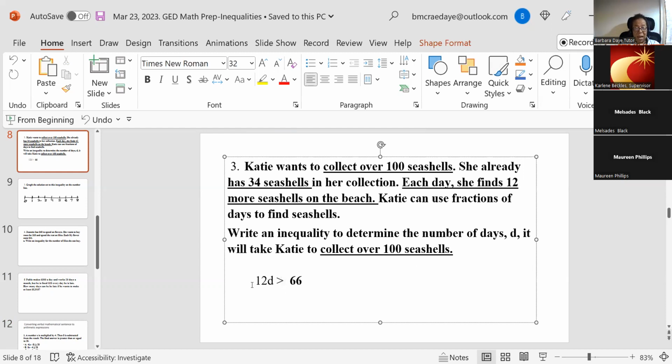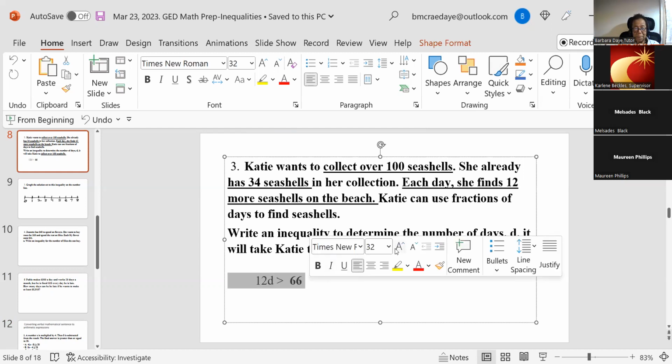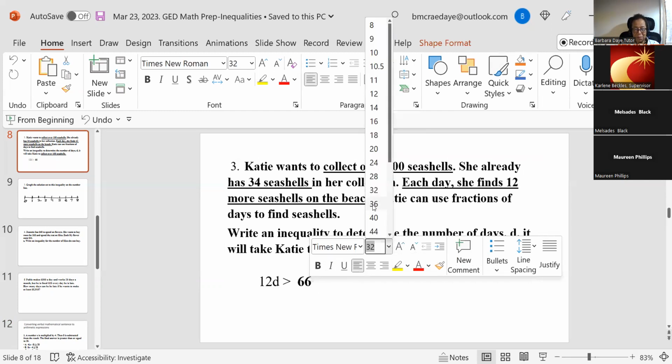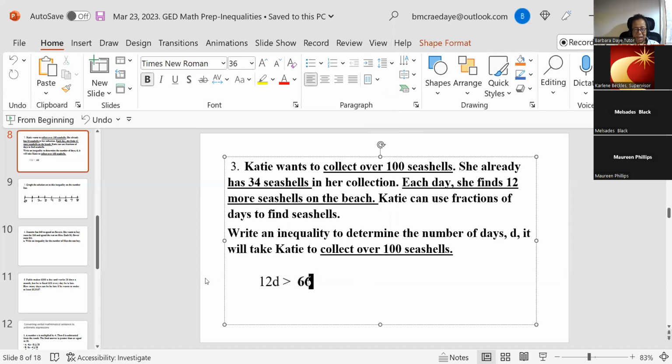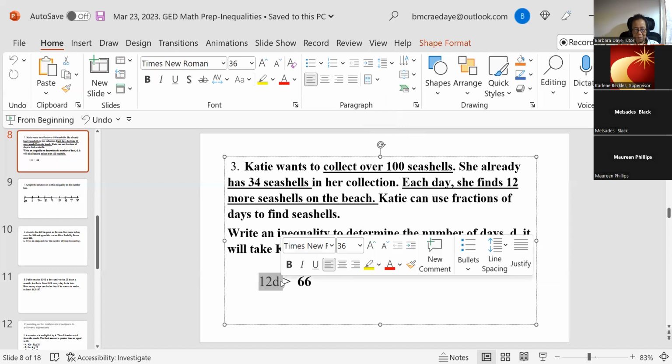So how do I solve for D, Mercedes? You gotta subtract. Do not say subtract. How do I solve for D? I'm going to add 12 on both sides.